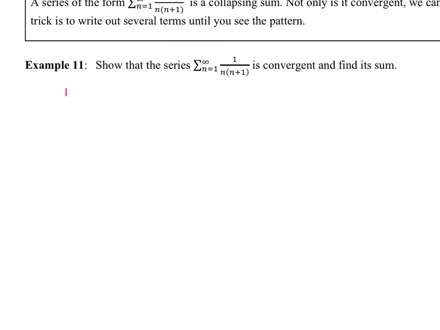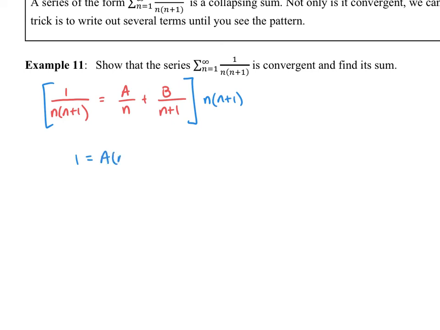All right, we're going to show that this particular series is convergent, and then we're going to find the sum. So we're going to start off with a decomposition of fractions based on the technique we just learned. So we're going to multiply everything by n times n plus 1. So we get 1 equal to a times the quantity n plus 1 plus b times the quantity n.